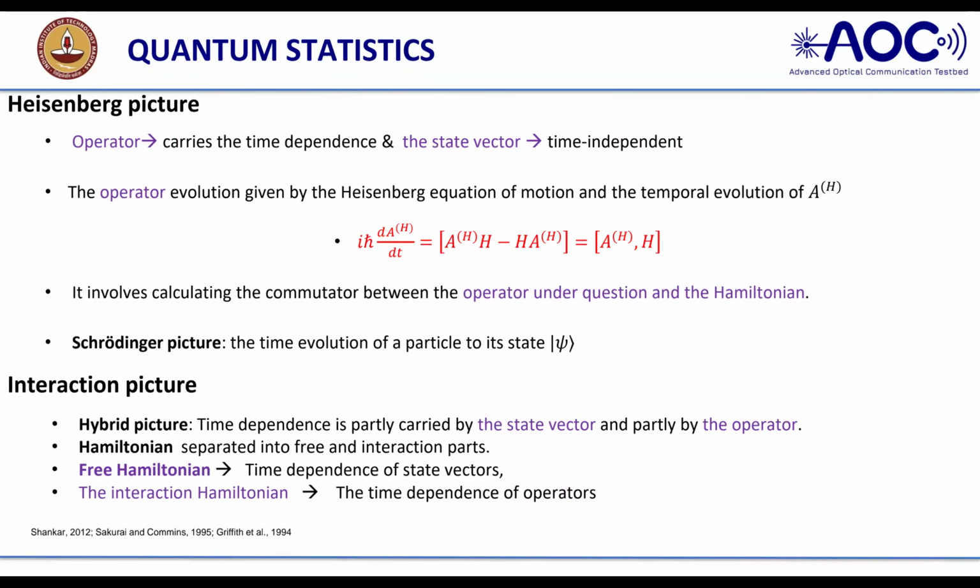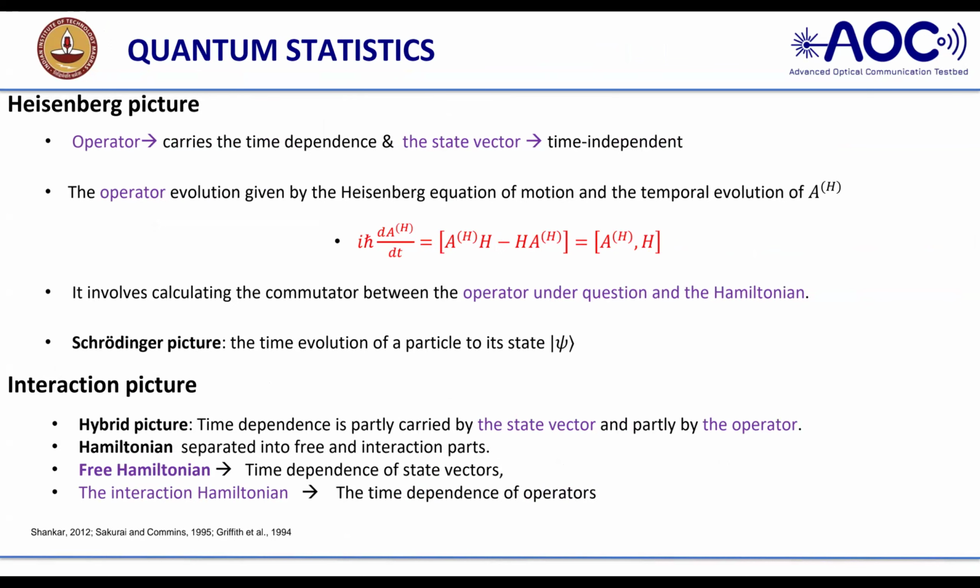And the Heisenberg equation of motion, you can see, is i h bar dA by dt, and it commutes with the operator of the energy of the system. This is one of the important pictures because in our optical link we have the laser, channel, and the detector, so the field operator evolution is governed by the Heisenberg picture.